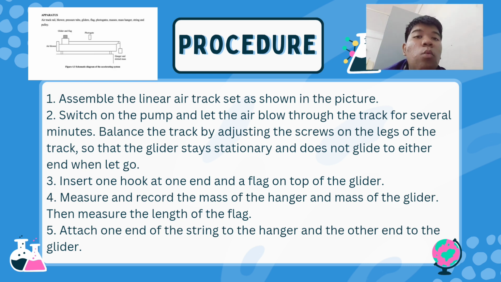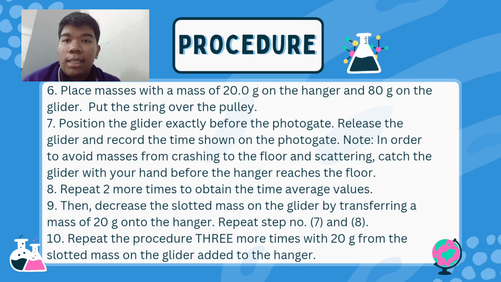Then attach one string to the end of the glider and also to the hanger. Place masses of 20 grams on the hanger and 80 grams on the glider, and put the string over the pulley.